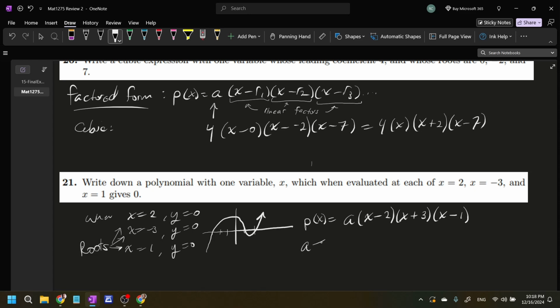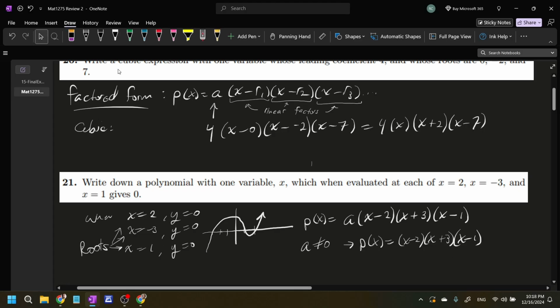Please remember, a cannot equal 0 because then that would not be a polynomial. That would be a constant, 0. So we can say our final answer, p of x, is just 1 times x minus 2, x plus 3, and x minus 1.